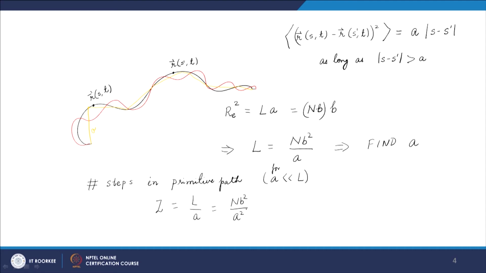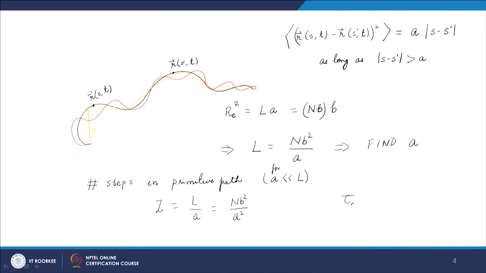So, using these ideas, we can get the time scale for relaxation of the polymer chain within the entangled system, and the ratio of that with the relaxation time we get for the Rouse model, and we can get certain relations.